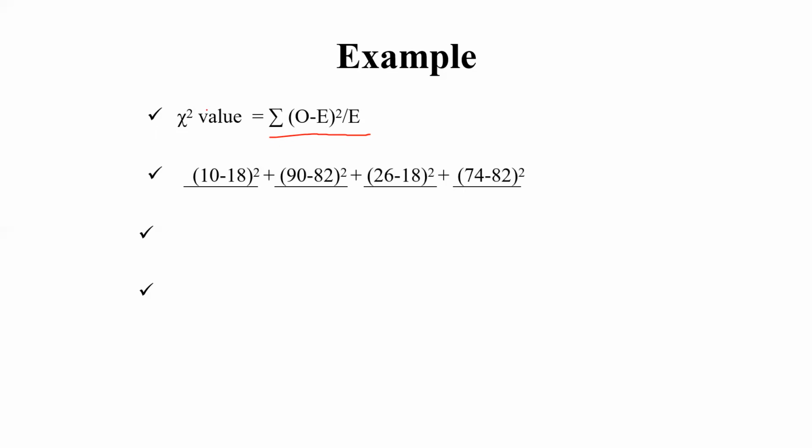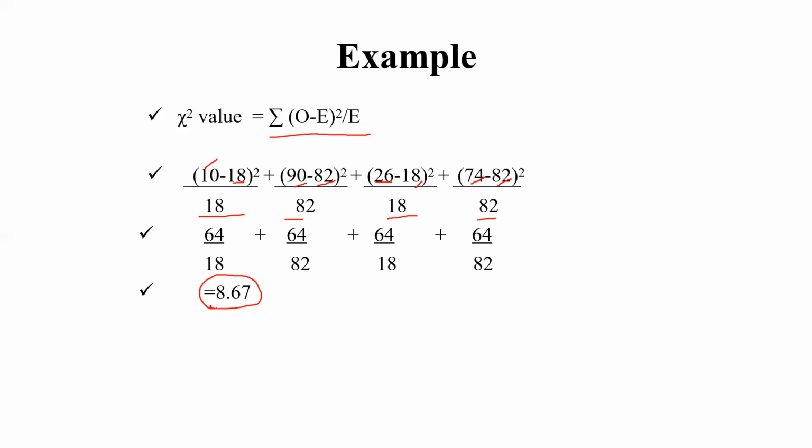So we put the observed value minus the corresponding expected value, whole squared, for each cell, divided by the expected value, and we can find the value, which is 8.67. This is known as the calculated value.